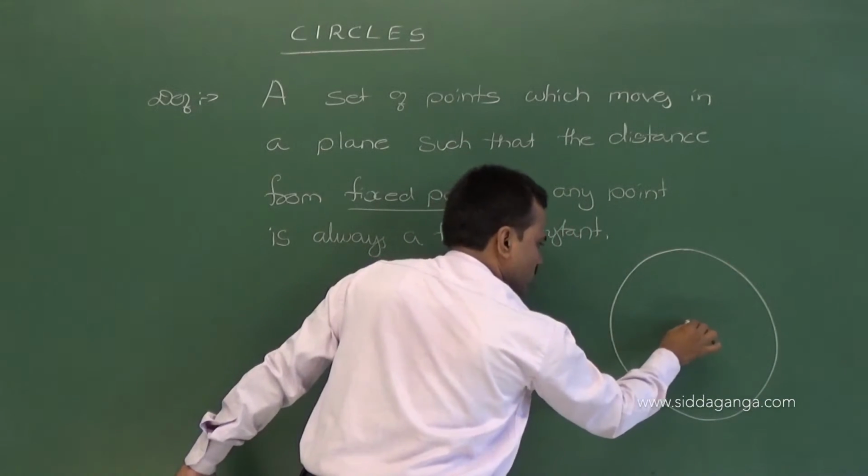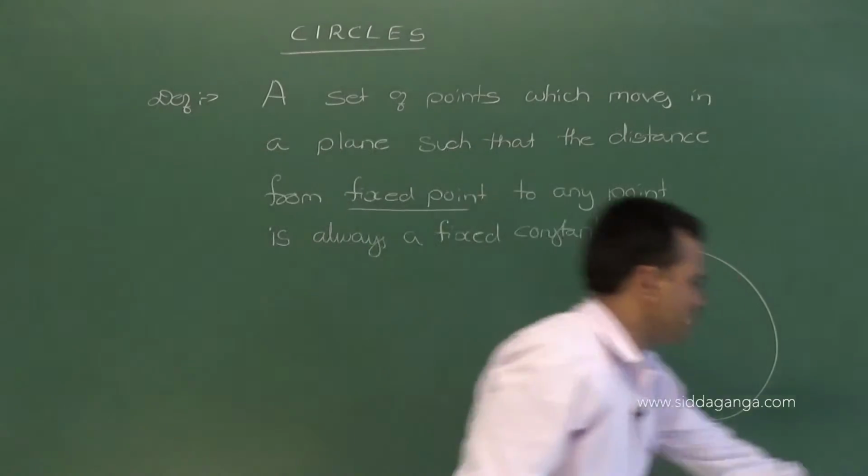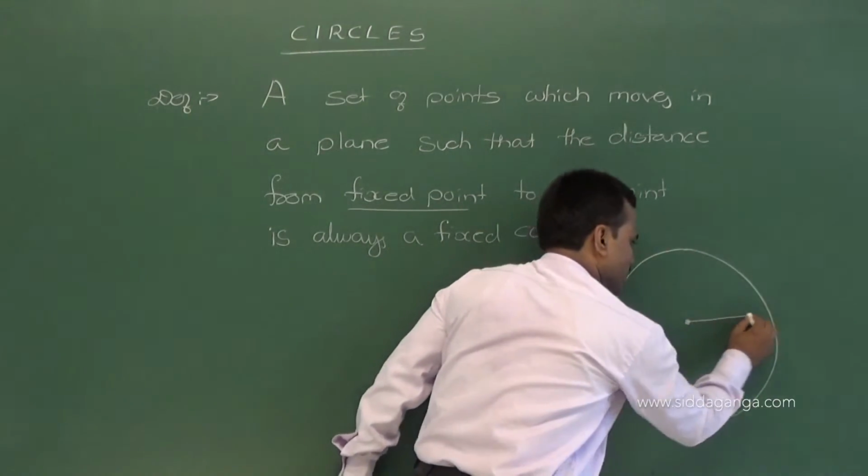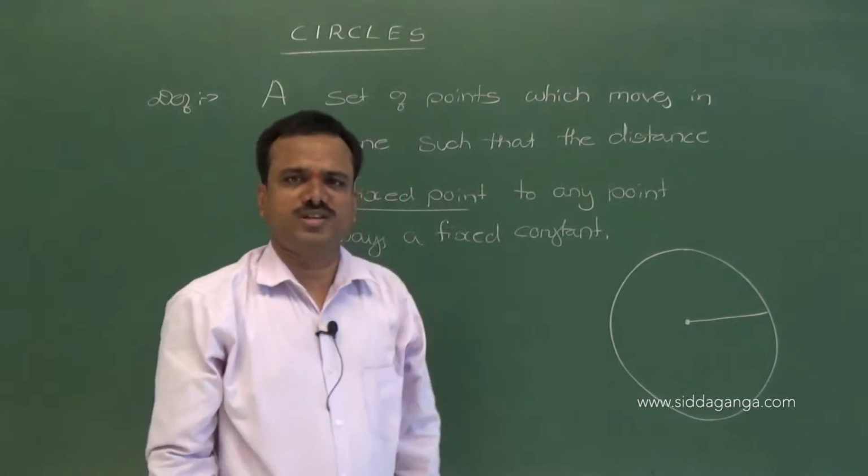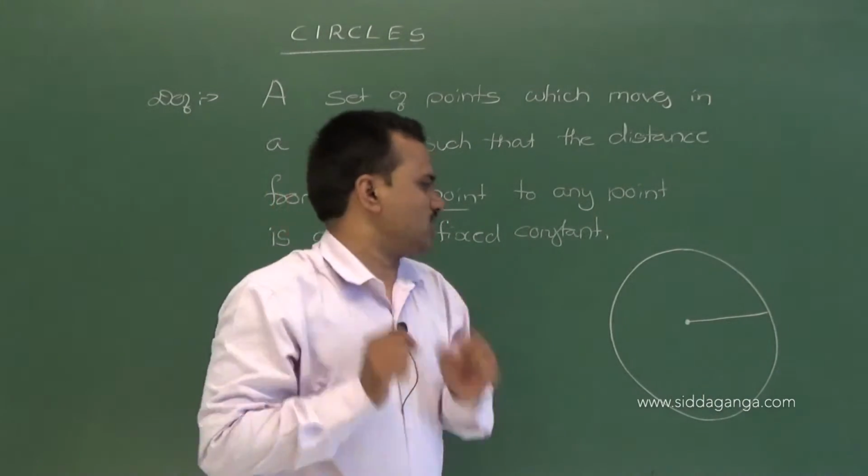So simply I draw here. This is our fixed point. The distance from the fixed point to any point is always a fixed constant.